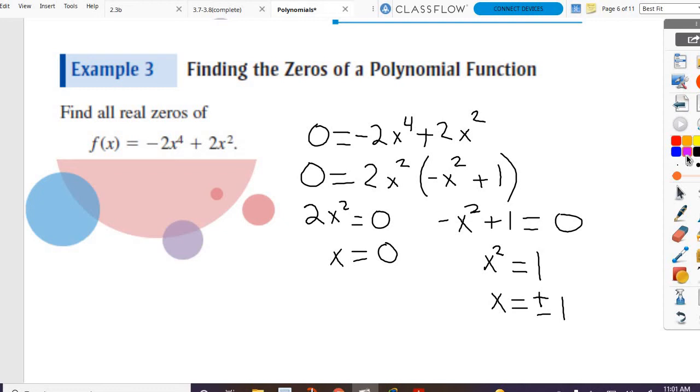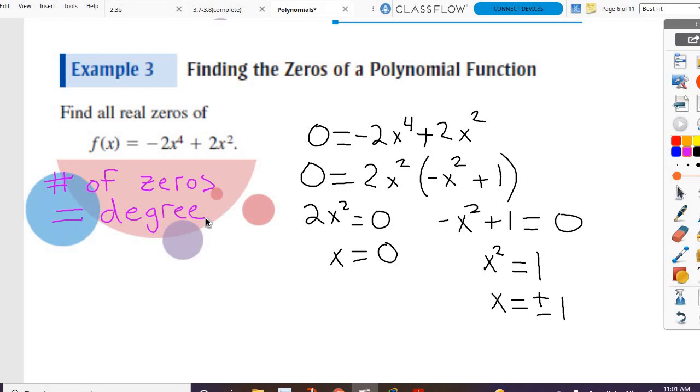Because it is the degree, right? So your number of zeros should equal the degree. Okay, so how many zeros do we have? What's our degree? So am I missing one? No. Even if we factored it, right?